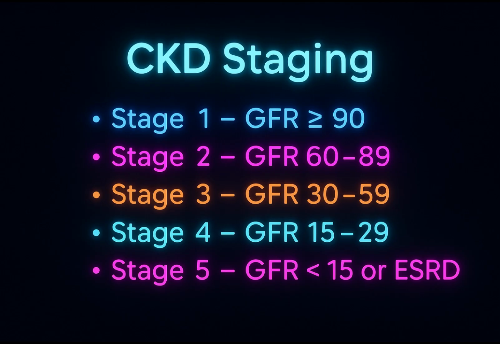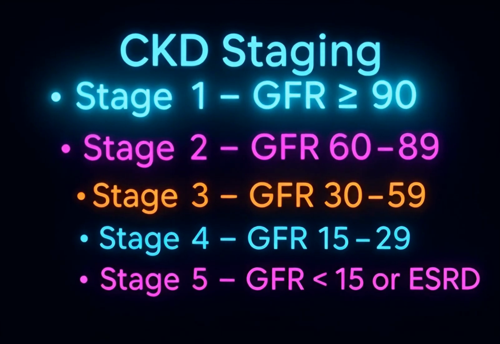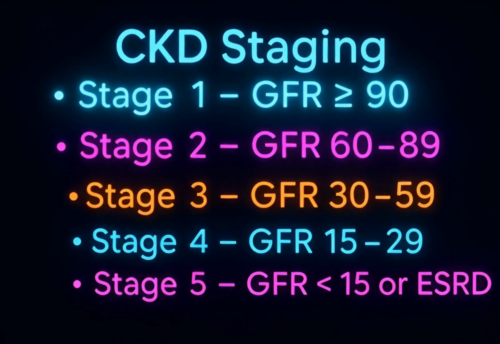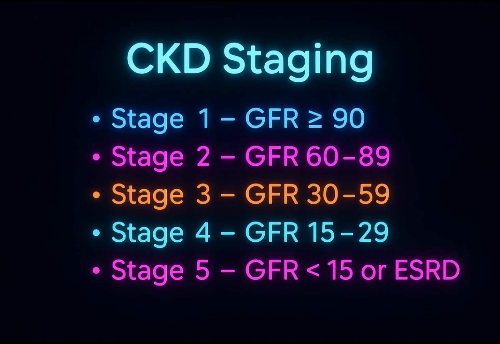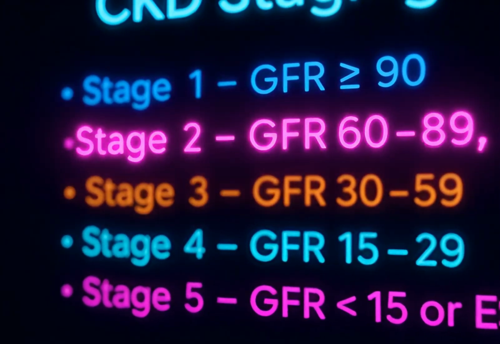Now let's quickly review CKD staging, which is extremely important when coding hypertension with kidney disease. CKD stages are based on GFR, the glomerular filtration rate, and this number tells us how well the kidneys are functioning. Stage 1 means a GFR of 90 or more, which indicates normal kidney function, but with some evidence of kidney damage. Stage 2 is a GFR between 60 and 89, showing mild kidney damage.